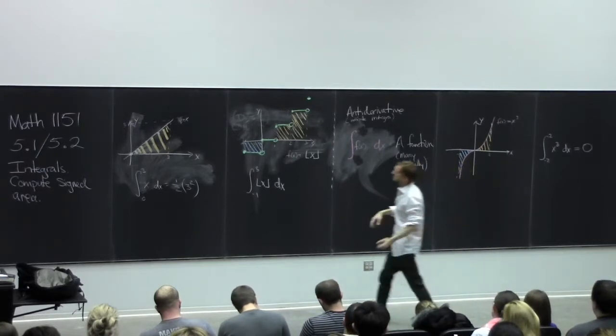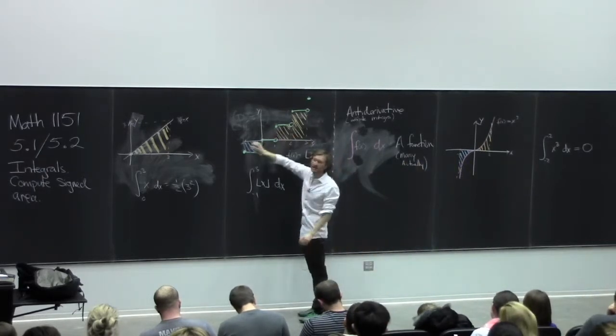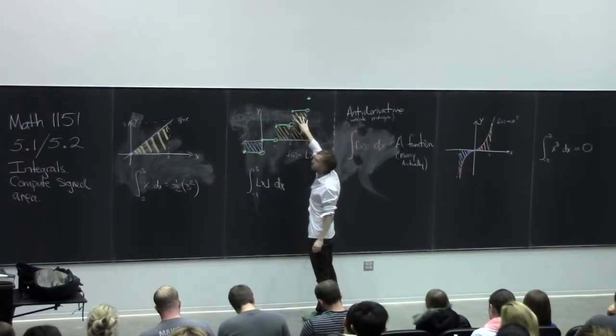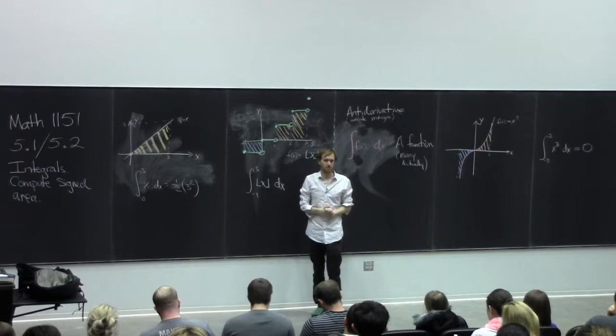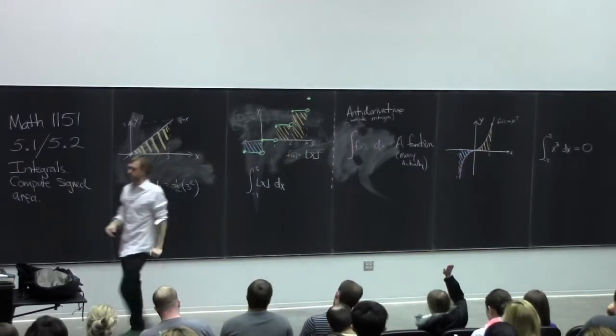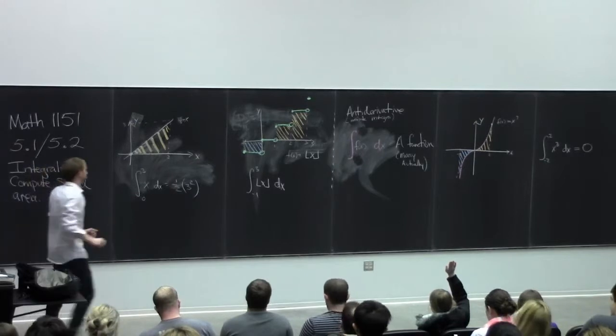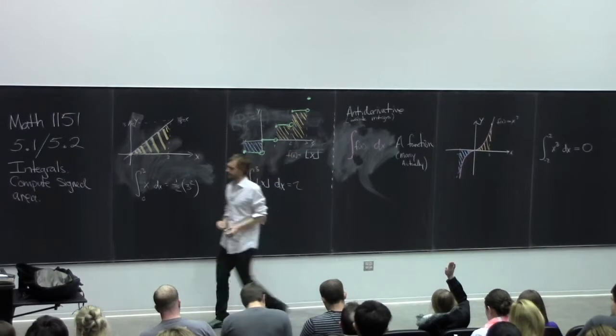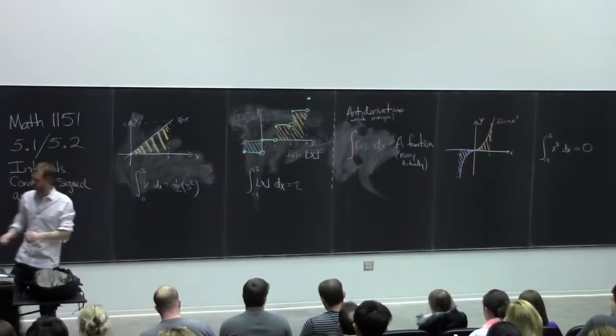The way I did it was I said, this here cancels with this here, and then it's just a 1 by 2 rectangle. Does anybody agree with that? That's easy. Equals 2.